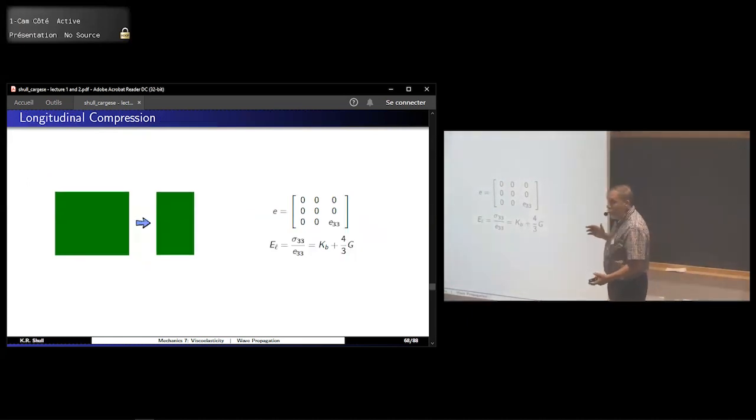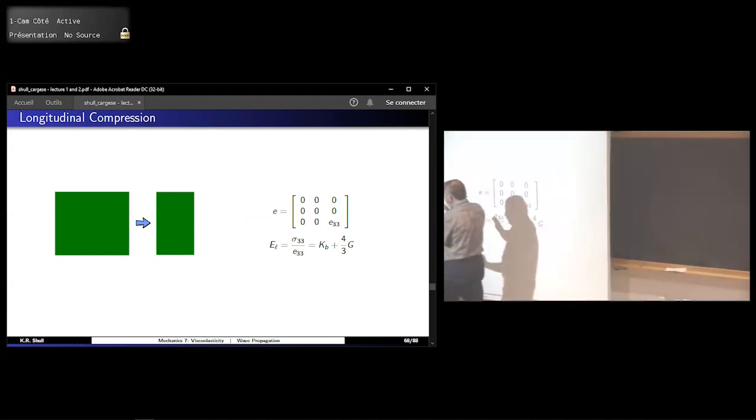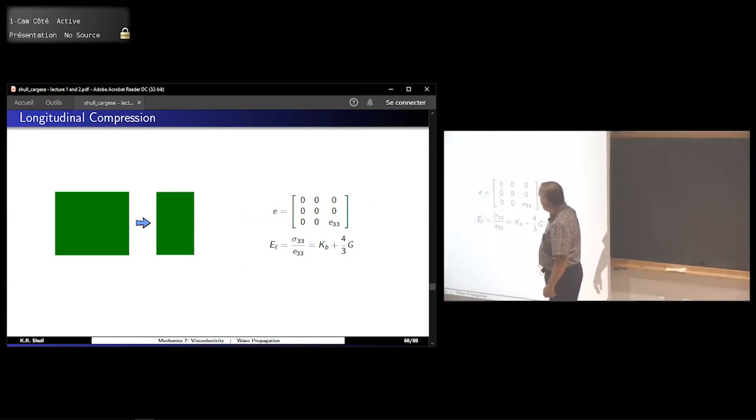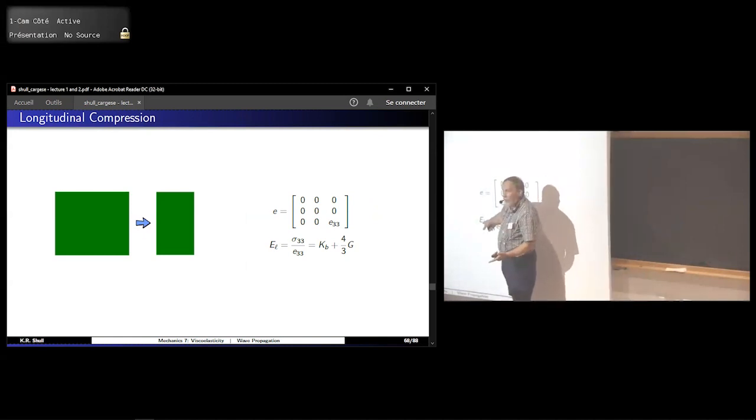Now, a sound wave is longitudinal compression. It's basically constrained, so we're pressurizing in this direction. It's a plane wave traveling along here, so the volume doesn't change in the other direction. So basically it's changing the shape and the volume, so it makes sense that it's going to be the relevant modulus here.